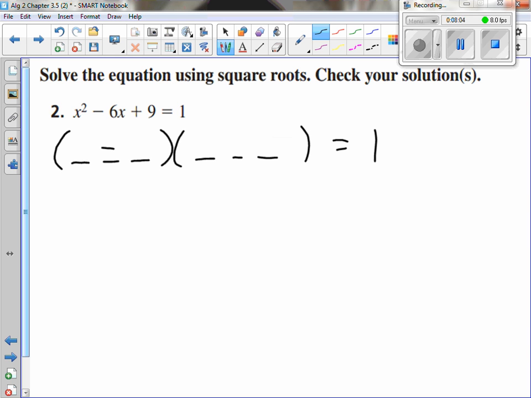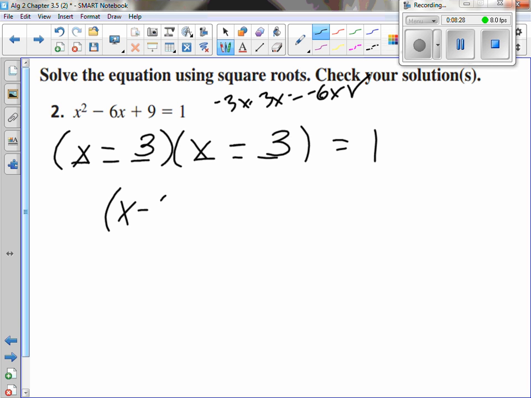So we'd have negative and negative. X squared would be x and x. And if we want them to be the same, we do have a factor of 9 that would be 3 and 3, yes? Which would be negative 3x minus 3x, which gives us negative 6x. Hey, that's what we wanted, yes?